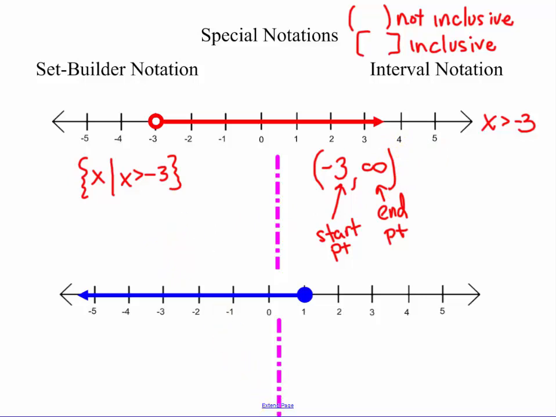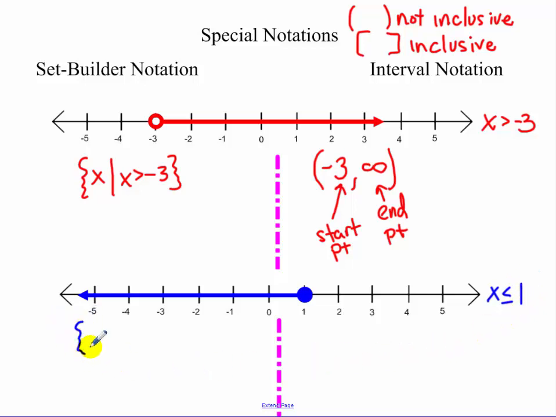Okay, this next example, its x's are greater than or equal to, I apologize. For our next example here, x's are less than or equal to positive 1.